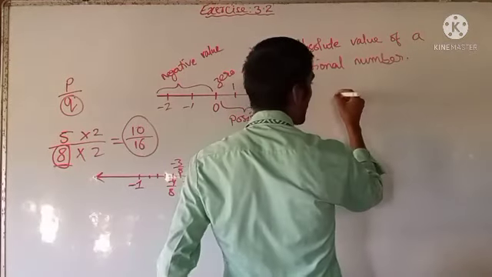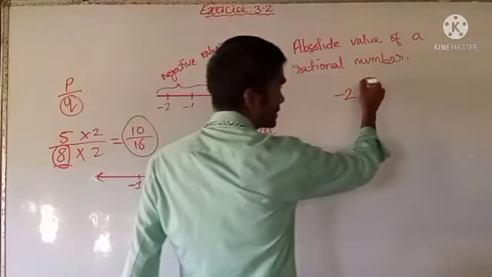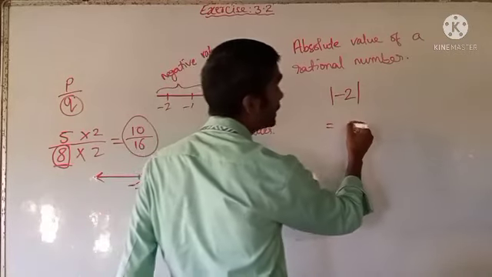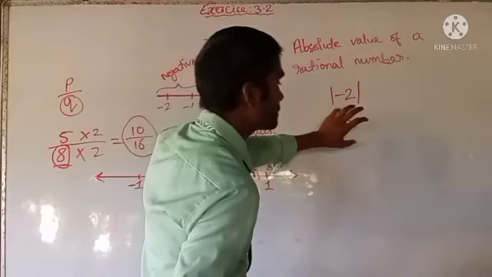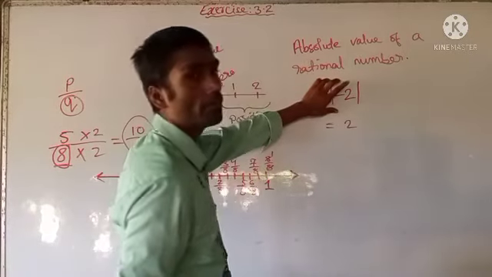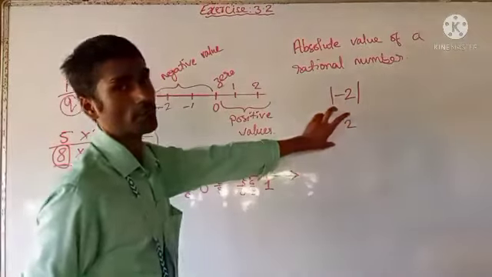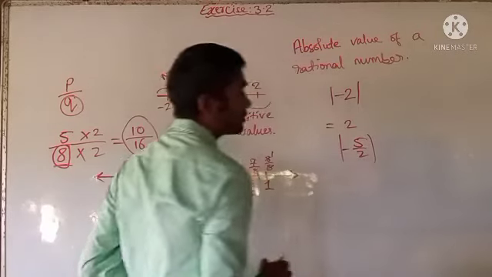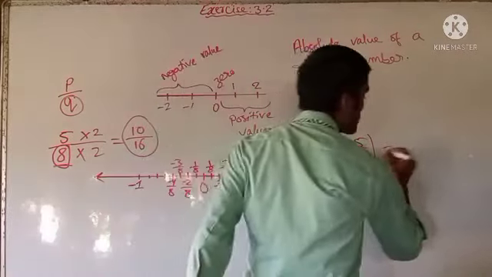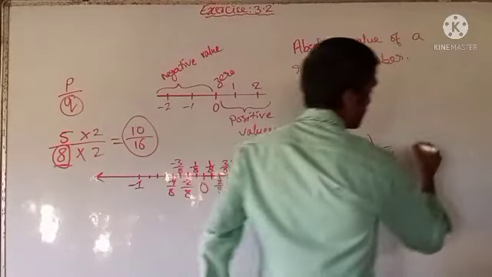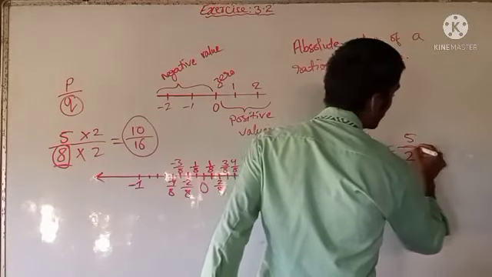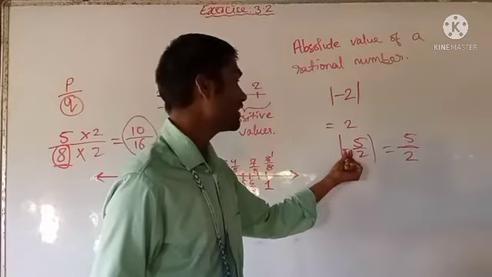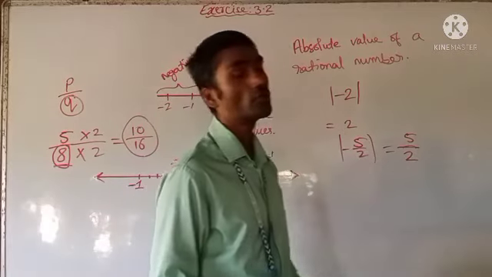Like if I say -2, with the symbol for absolute value, the absolute value of -2 will be 2, because the absolute value of any rational number is always positive. If I say the absolute value of -5 by 2, then it will be 5 by 2 itself, because here we are counting only the positive value. If there is a negative value, it is changed into a positive value.